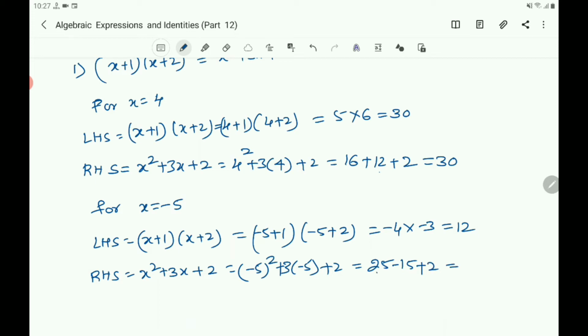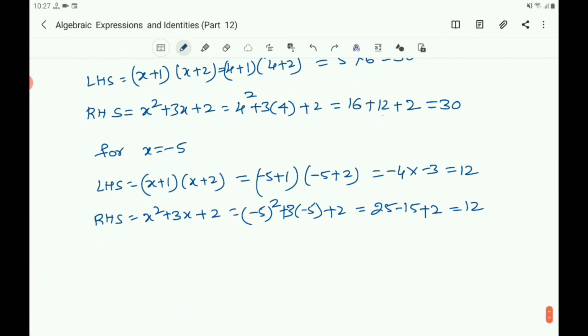Then 25 minus 15 is 10, and 10 plus 2 is 12. So here LHS and RHS are same. In the first case, for x equals 4, LHS and RHS are same, and you can try some other values for x.